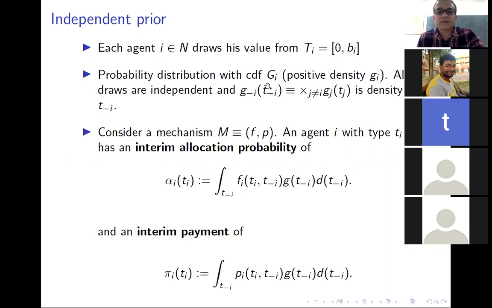So capital G_i and small g_i are the CDF and density of agent i. Essentially, we are going to assume that agents are drawing their types independently. So the probability with which t_minus_i happens is just the product of g_j(t_j). So it's independence.